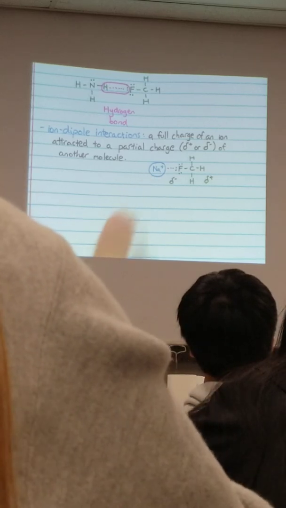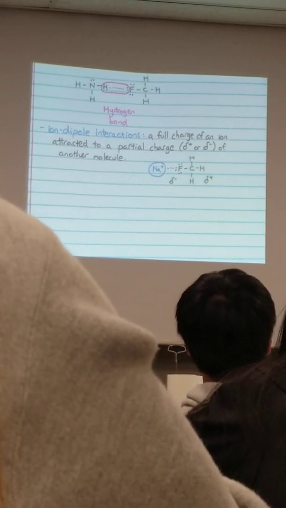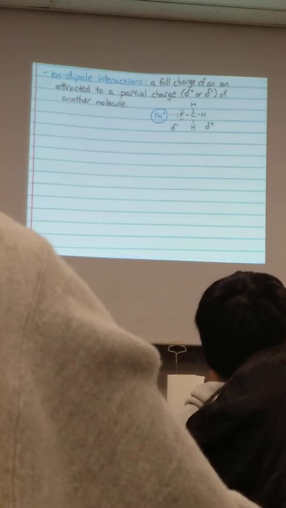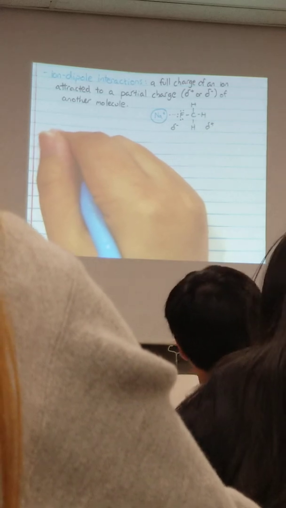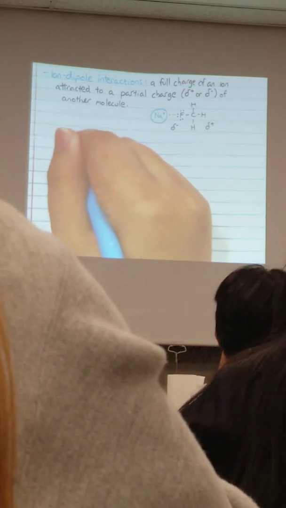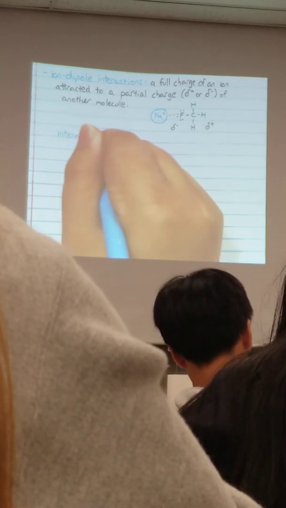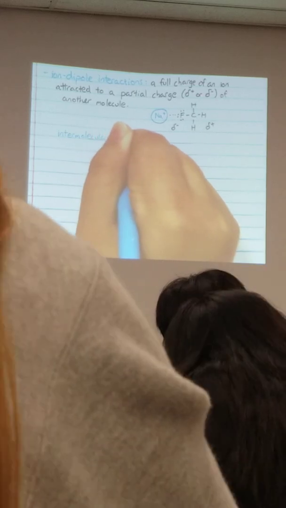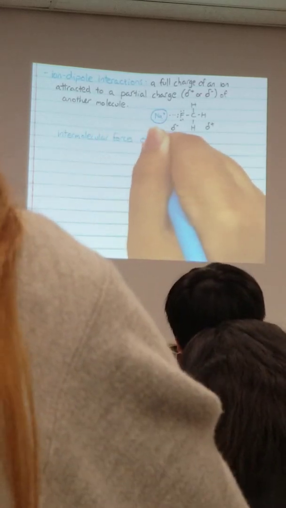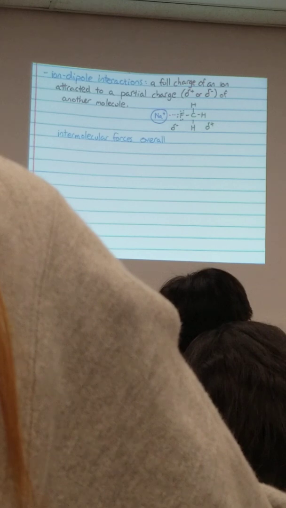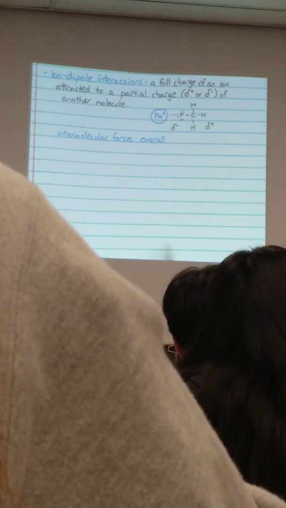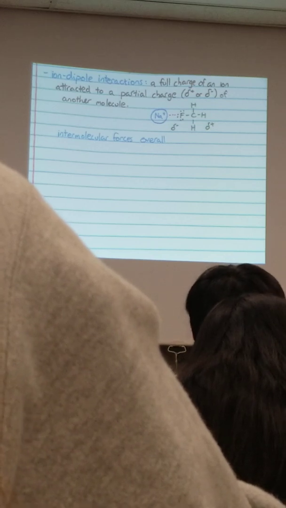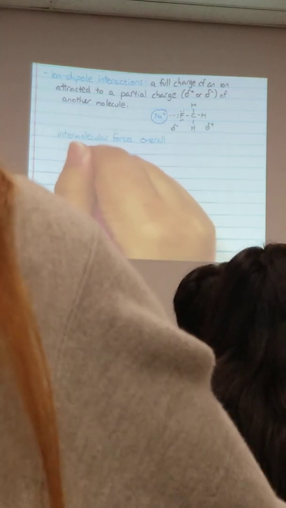Alright, so if you're struggling with ranking everything now, I'm going to put it all together into some really ugly looking chart. Okay. So, intermolecular forces overall. Okay, and I'm going to list it from strongest to weakest.